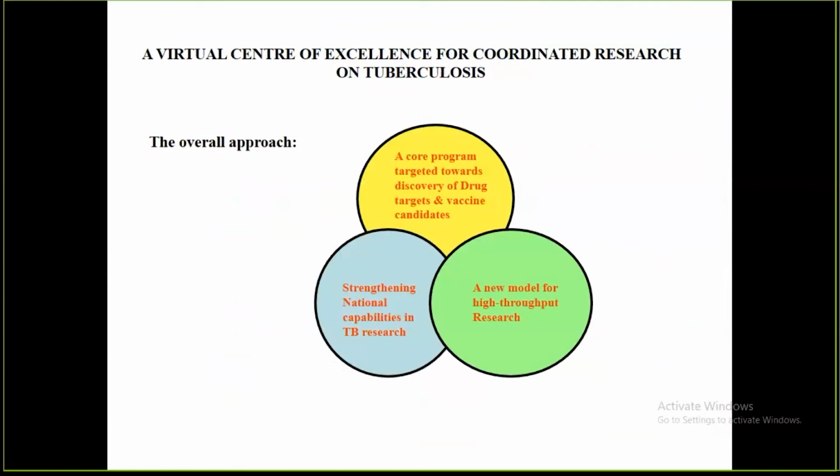So a core program targeted toward discovery of drug targets and vaccine candidates, as I just explained, and a new model for high throughput research, thinking that large data sets would come out from these studies, which of course did come. So that will help us generate high throughput research. But one USP of this was strengthening national capabilities in TB research.